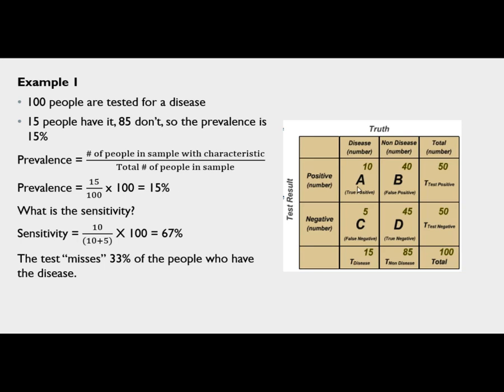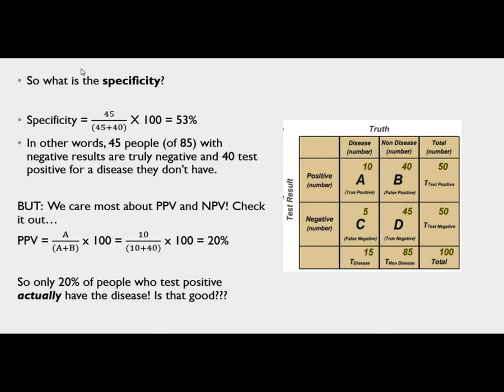So what's the sensitivity? Here we are. We're looking at this cell. We have 10 over 10 plus 5, or 10 over 15, which is 67%. So the test misses 33% of the people who have the disease. So what is specificity? Specificity is this cell here.